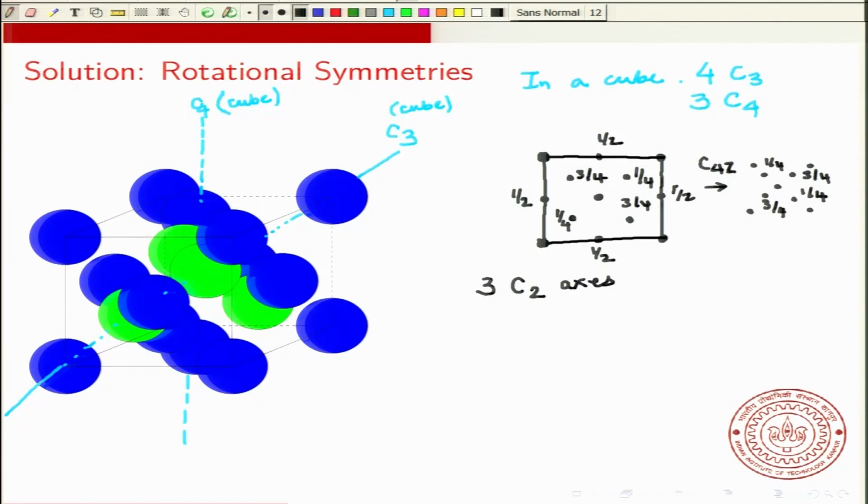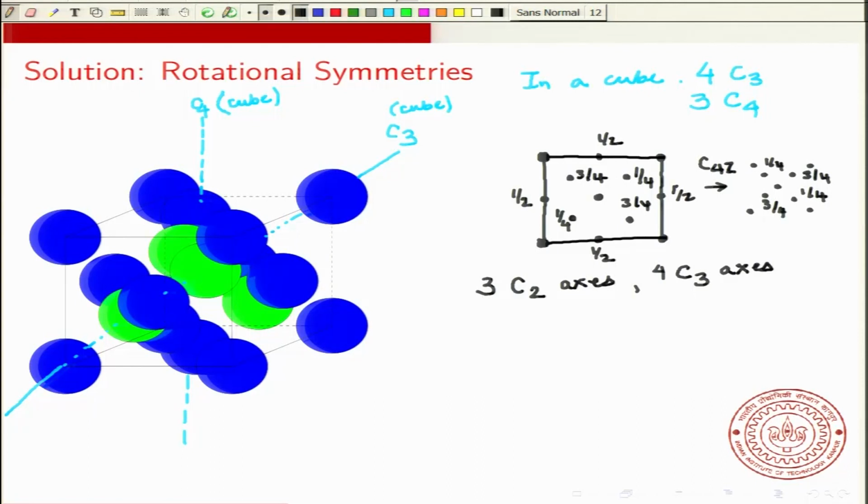Now the 4 3-fold rotations are also symmetry operations for a diamond lattice. So you still have 4 C3 axes. These are the axes along the body diagonals. Now let's look at these 4 C3 axes along the body diagonals once again.